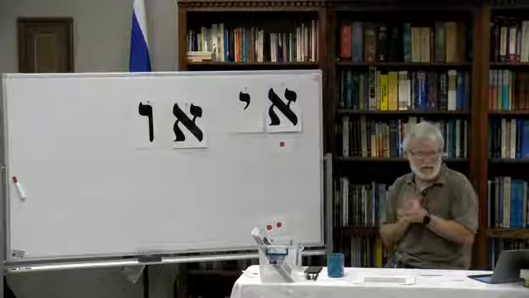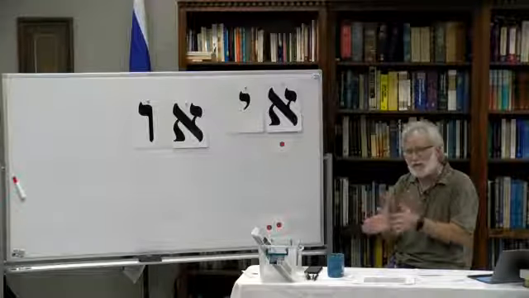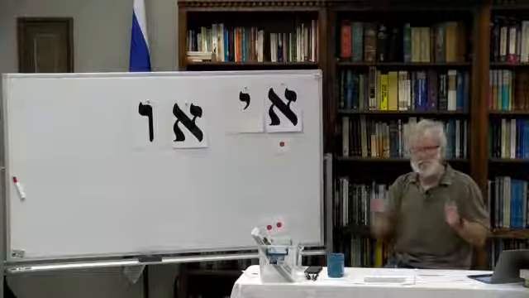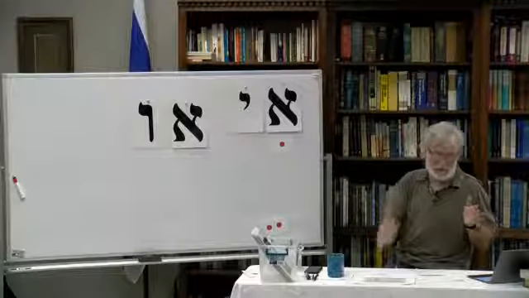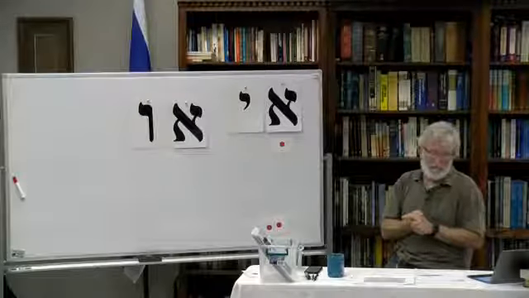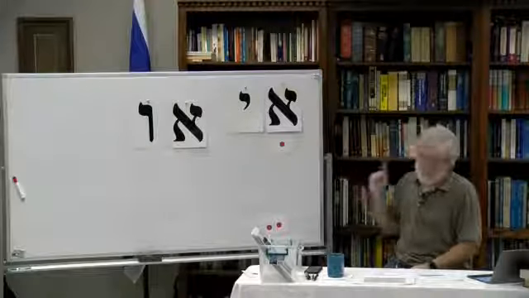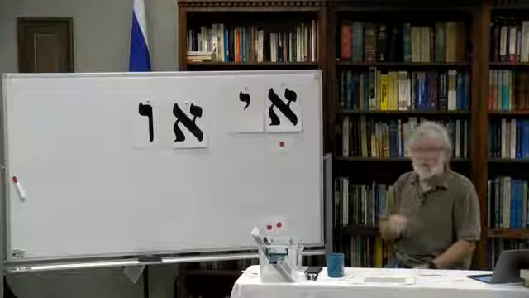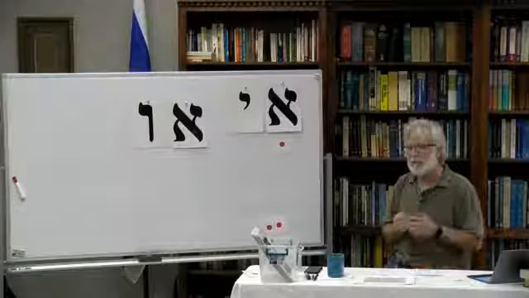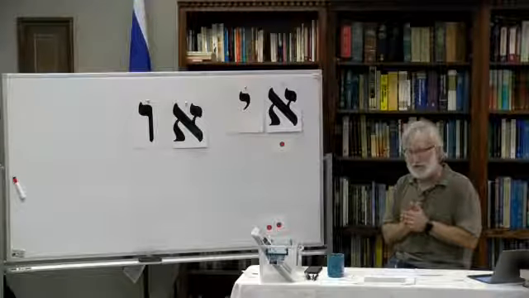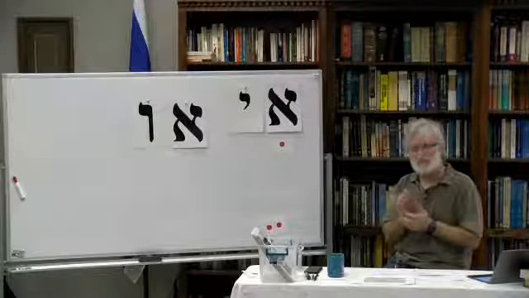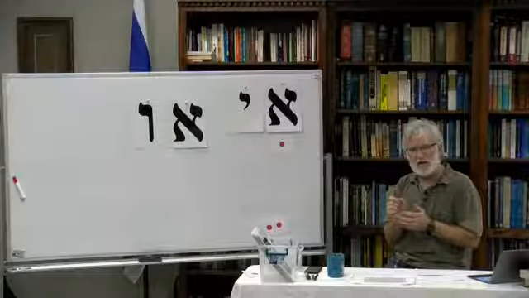If you remember in last week's class, we talked about the transmission of the text, bringing it faithfully from generation to generation, and that the vowel sounds were originally designed so that we don't lengthen the text. If you recall when I talked about the scribes, in Hebrew the word sofer is one who counts.